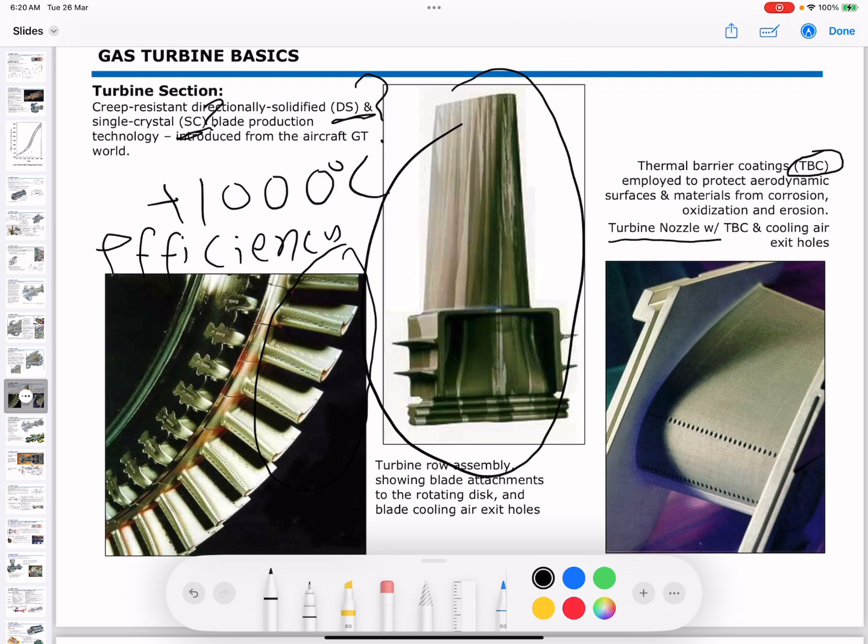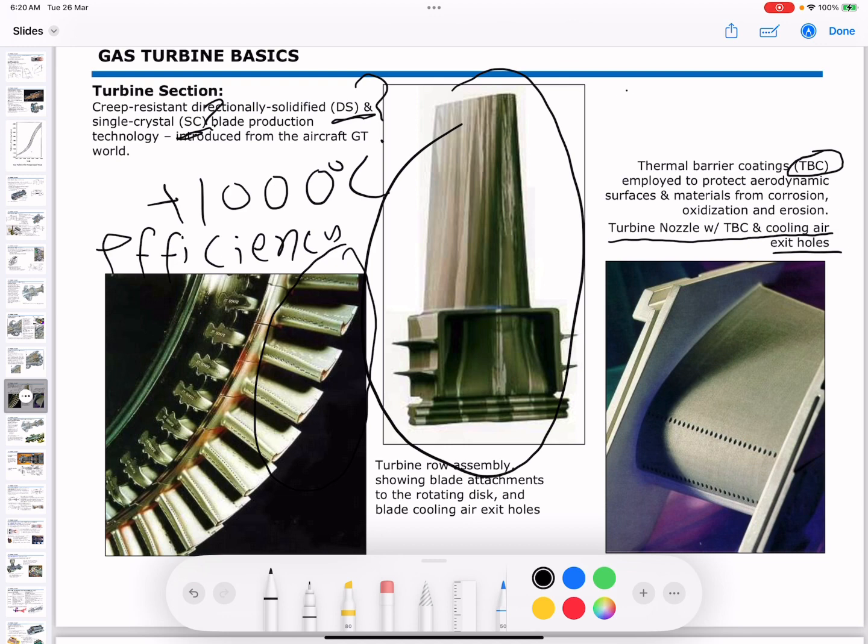Turbine nozzle with TBC cooling air exit holes. The turbine nozzle is equipped with thermal barrier coating and with holes for the outlet of cool air. This nozzle works efficiently to direct hot gases toward the turbine and cool them as well.